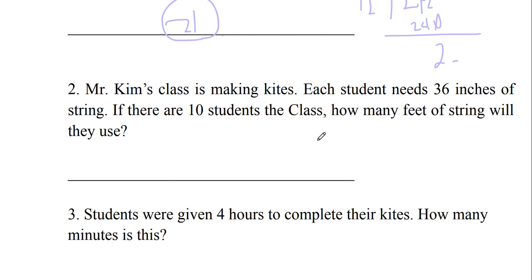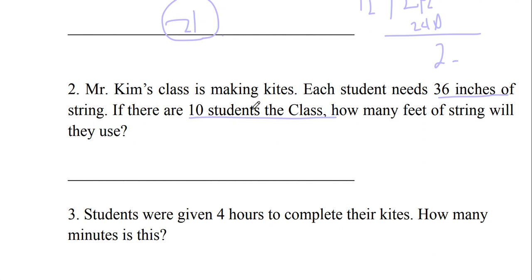Okay, let's try number 2. Mr. Kim's class is making a kite. Each student needs 36 inches of string. If there are 10 students in the class, how many feet of string will they use? So since there are 10 students, we have to multiply 36 by 10.